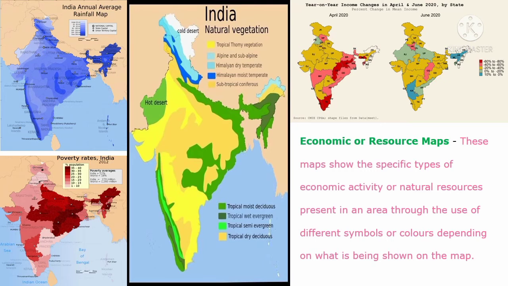All these give a resource to the country. So economic or resource maps are the maps which show us the specific types of economic activity or natural resources present in a particular area with the help of symbols or colors as shown in the pictures.